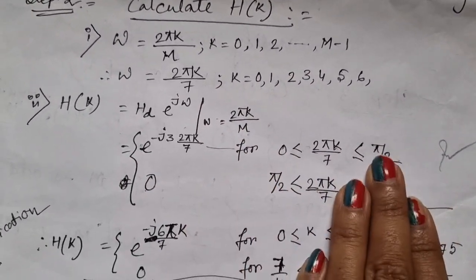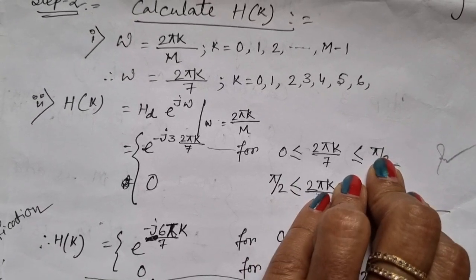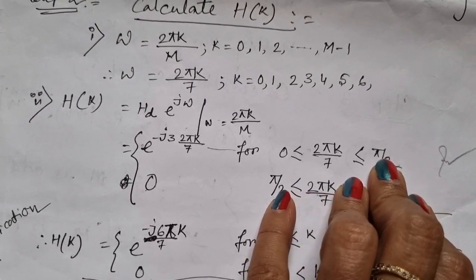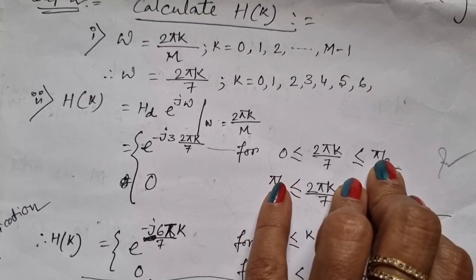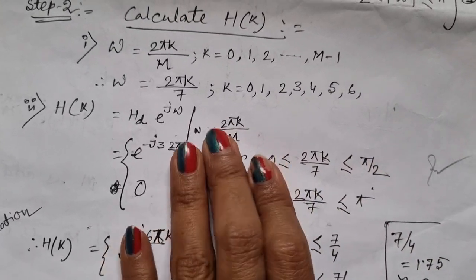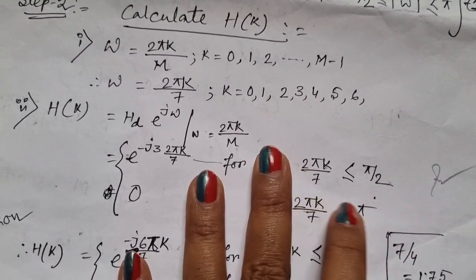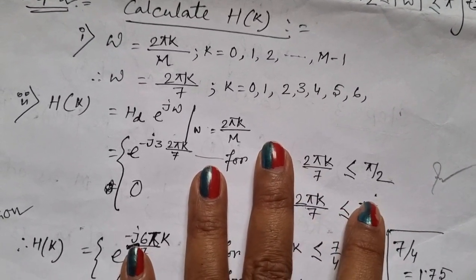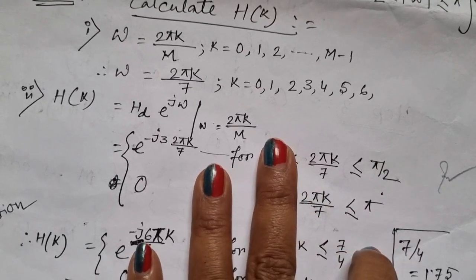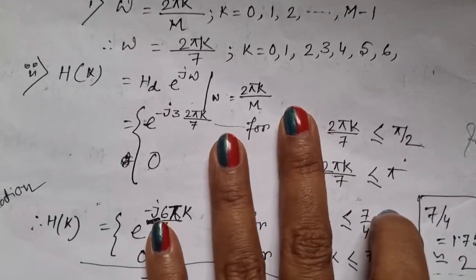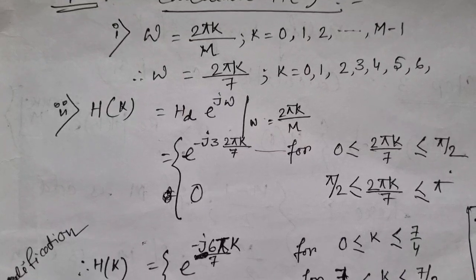Whenever we calculate this, pi will be cancelled out, this 4 and this 7, so 7 by 4. But when we go to the other limit, pi will be cancelled out, this 7 will go there, and this 2 will go there, meaning 7 by 2. The same thing we are doing over there.